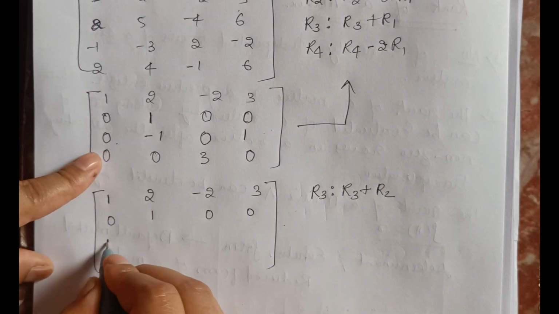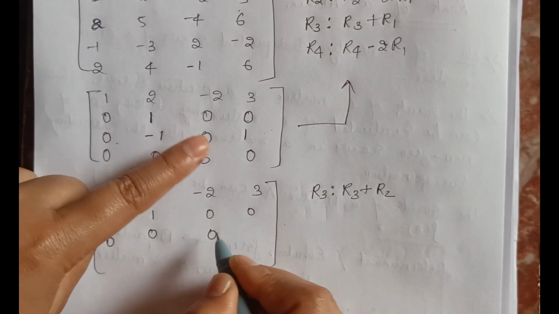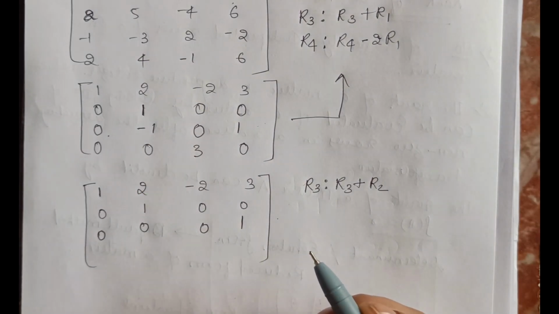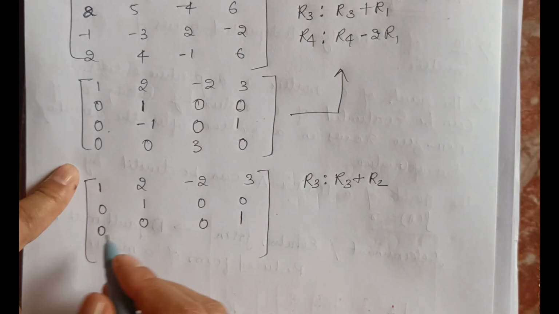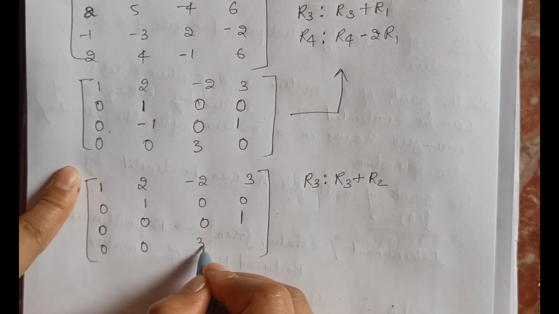So 0 plus 0 is 0, minus 1 plus 1 is 0, 0 plus 0 is 0, 1 plus 0 is 1 itself. Okay, let me write down the last row.